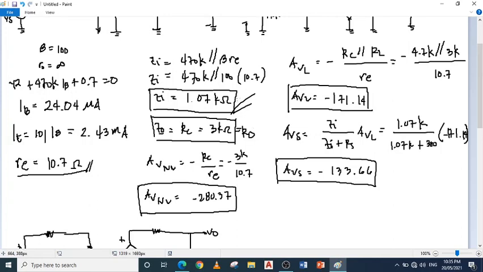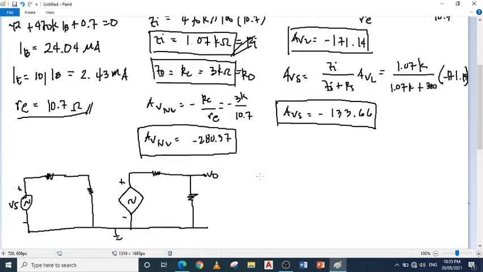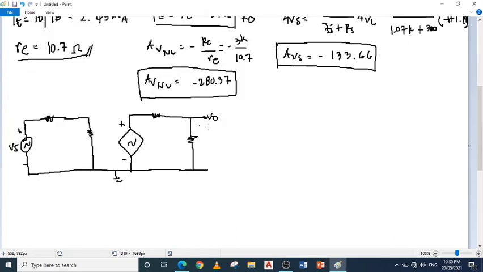And then, ito lang din yung ating Ri. So, 1.07 at saka 3 kilo. So, meron tayong 3 kilo. And then, meron tayong 1.07 kilo. Then, ang Rs natin ay 300 ohms. And meron tayong RL na 4.7 kilo.